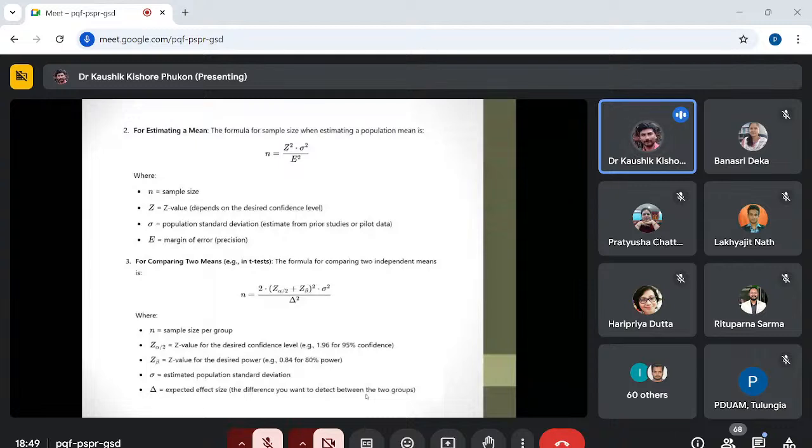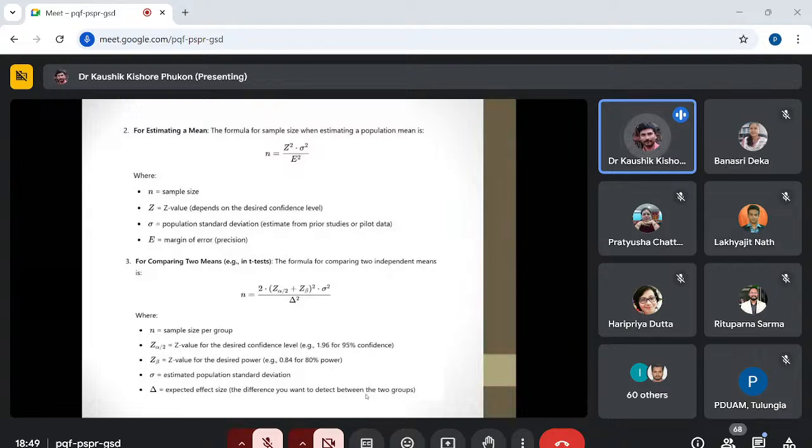So for comparing two means, we use different tests in statistics, t-test, f-test, etc. Suppose your intention of the research is to compare two means. So how to determine your sample? This is the formula. Sample size, Z value, then Z beta, the desired power.